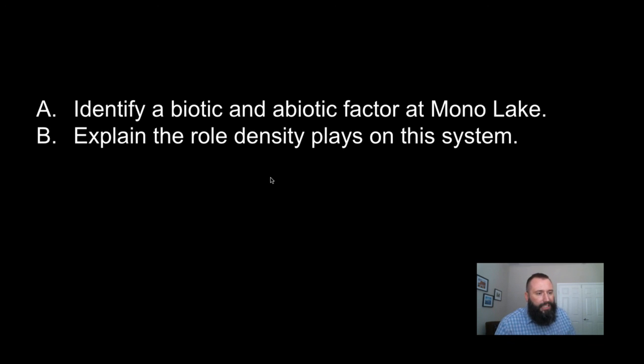B, explain the role density plays on the system. Density is a relationship between mass and volume. And so that salt water has more mass per volume than regular water that doesn't have any of the salt dissolved in it, if that makes sense. And so that denser water will sit underneath, and that less dense water will hang out on the top.